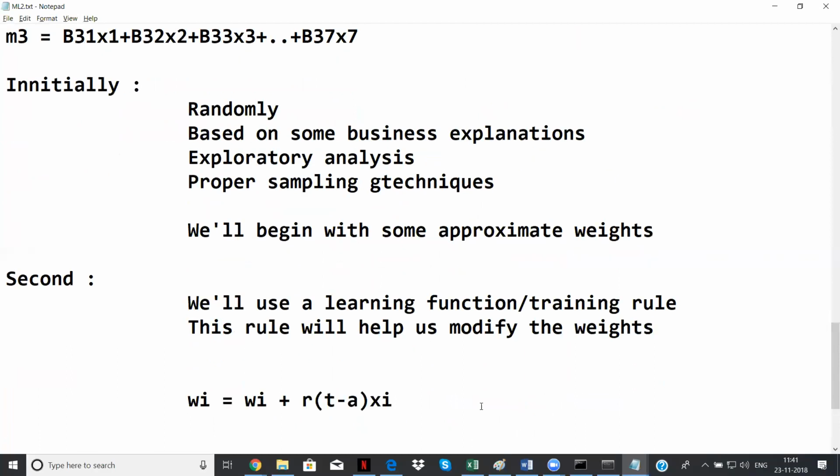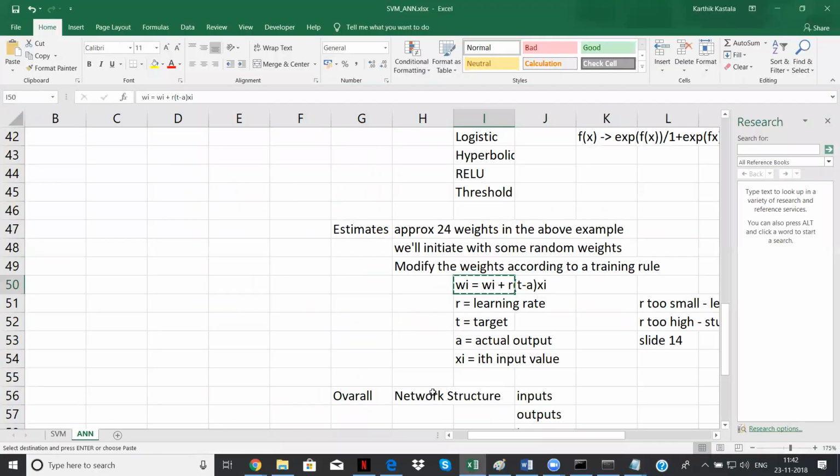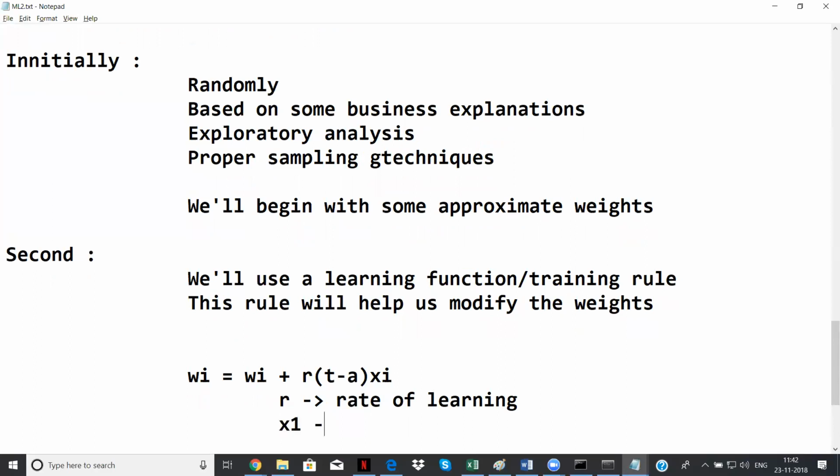Where R is your rate of learning. Xi is of course your ith input, right?